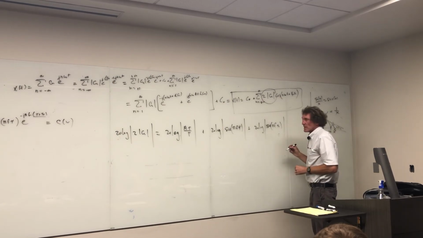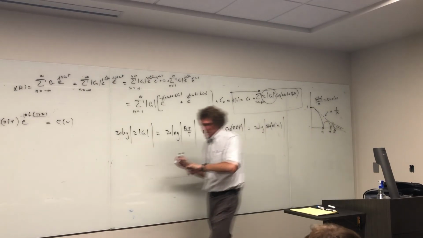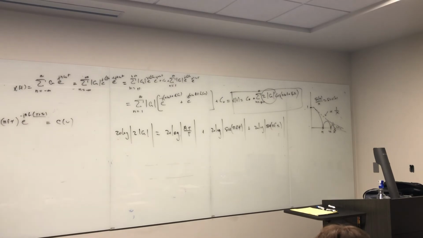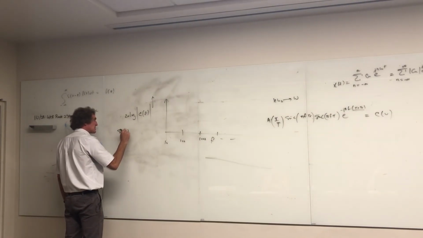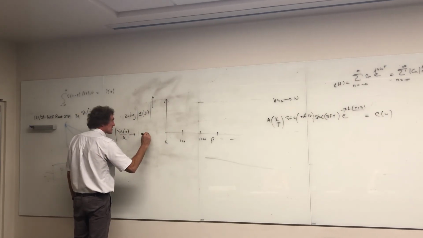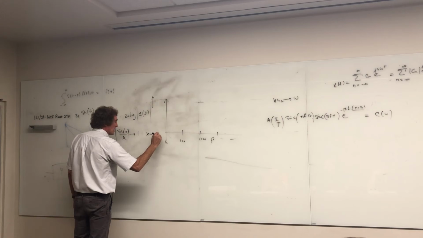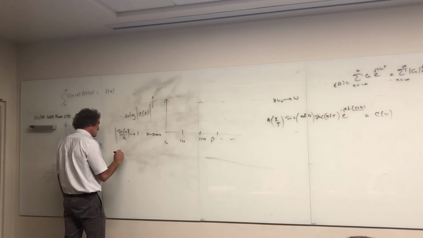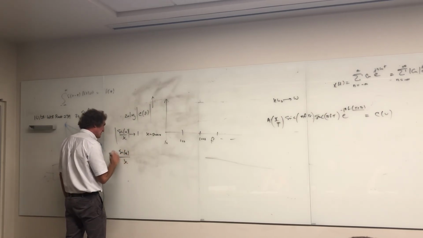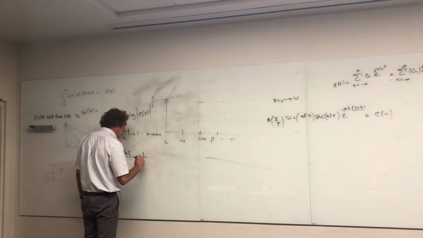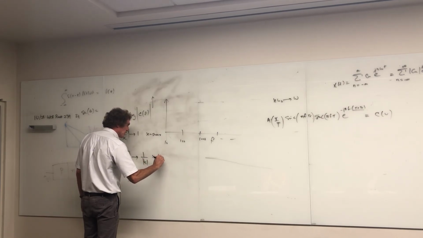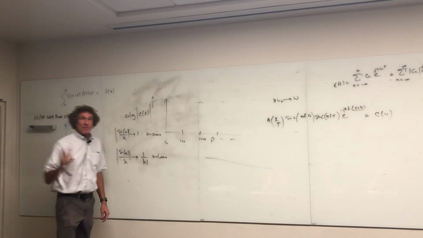In general, the way they say this is that if we have sine of x over x, its magnitude is about 1 for x small, whatever small means to you, and the envelope goes to just 1 over the magnitude of x for x large. Now, you can try that, but that's the envelope.